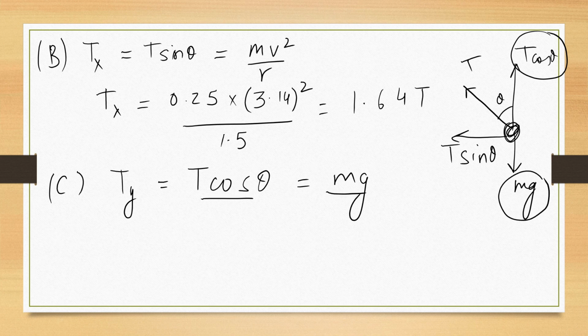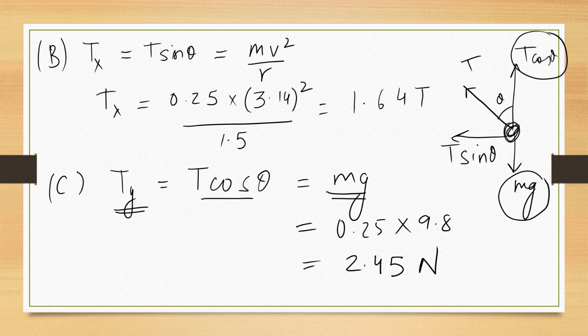So these two forces are equal. Mass was 0.25 times acceleration due to gravity, 9.8, and when I solve this, I get 2.45 newtons. So tension is a force, which is measured in newtons.